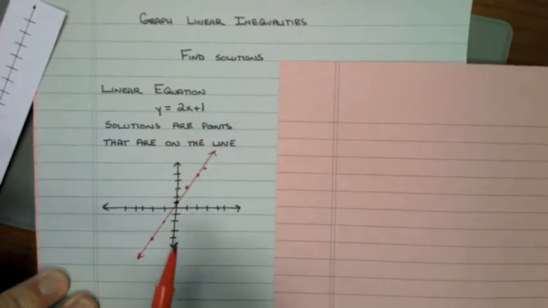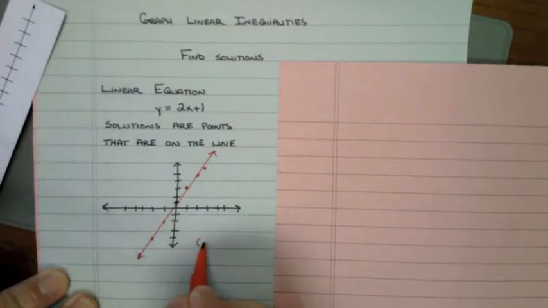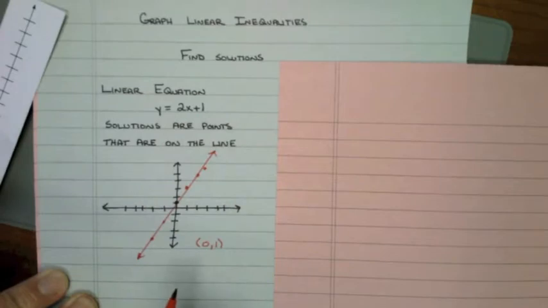For example, if I take this point right here, which is, you don't go over any, and you go up 1, that would be (0, 1). That's a solution. To prove that this is a solution, I could use the formula up here and put these numbers in the right spots. y is equal to 2x plus 1.